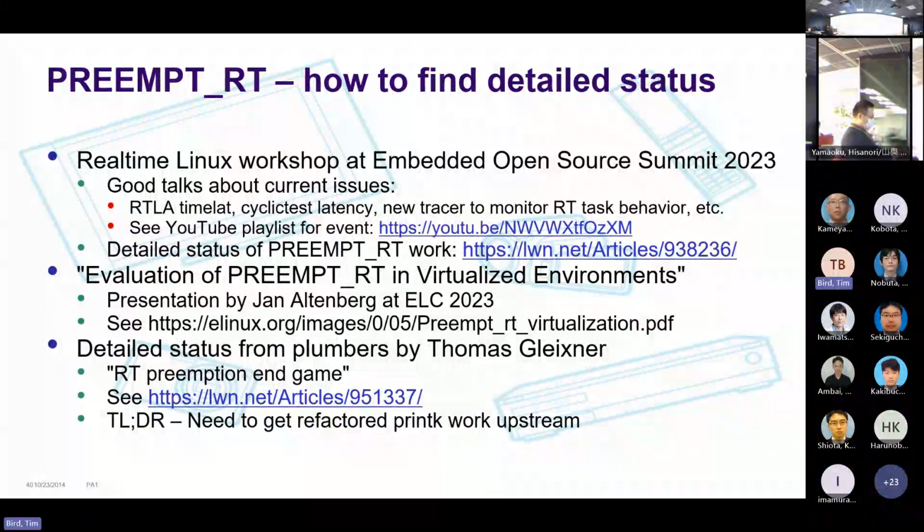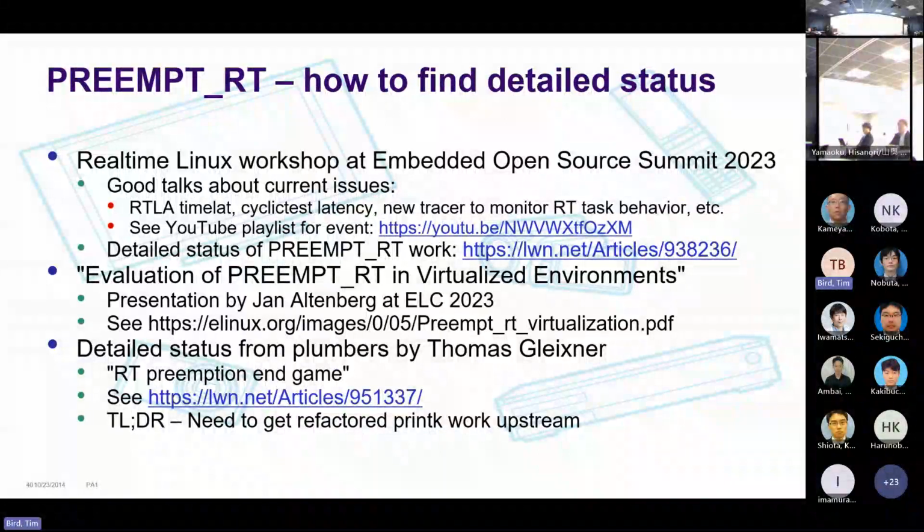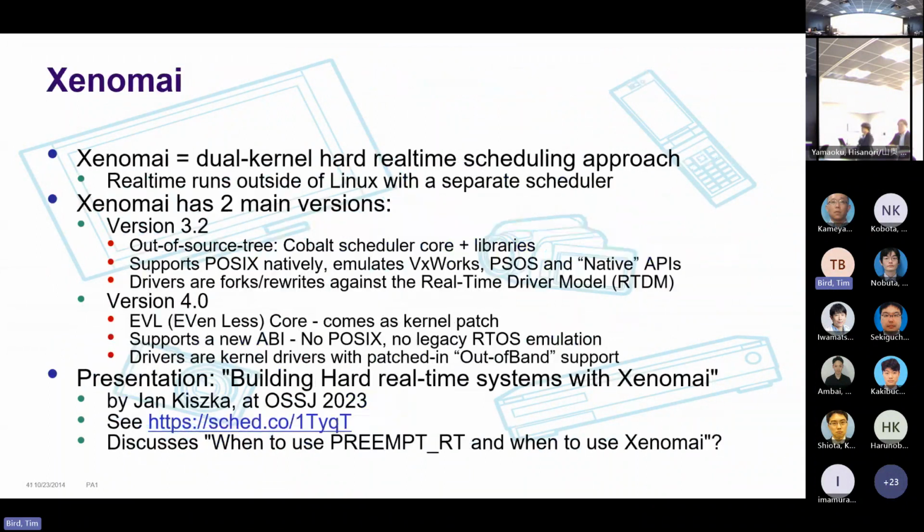And then if you want to kind of see the details of this, the most recent up to date status is from Thomas Gleixner. And this again was from a talk, I believe, at Plumbers, where he talked about the RT preemption endgame. So if you want to kind of see what's going on with that, you can follow those resources.